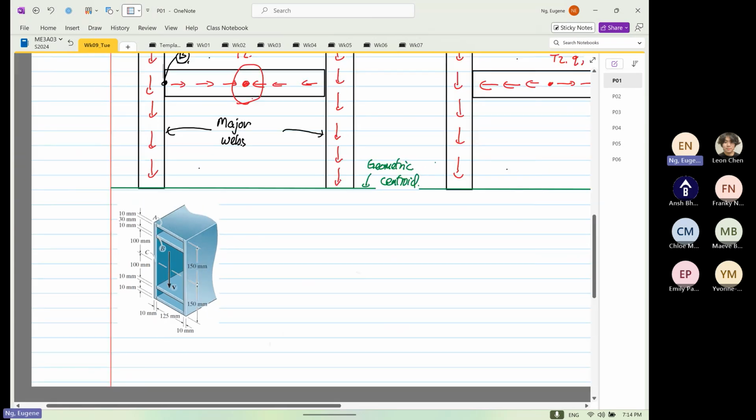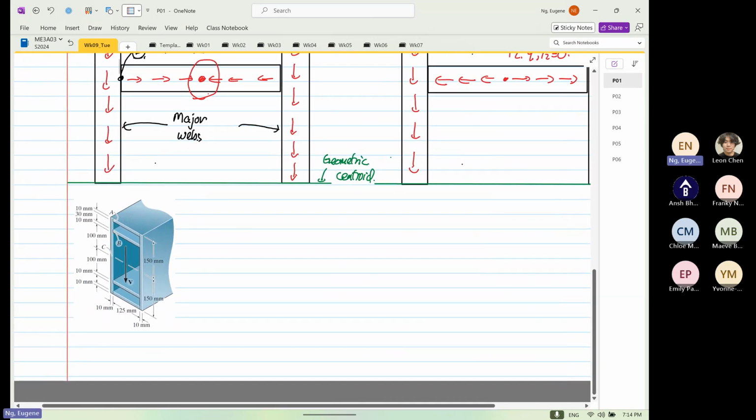Okay. So we're going to do point A. And we know there is a box beam. And it's going to be Q, 2Q, right?